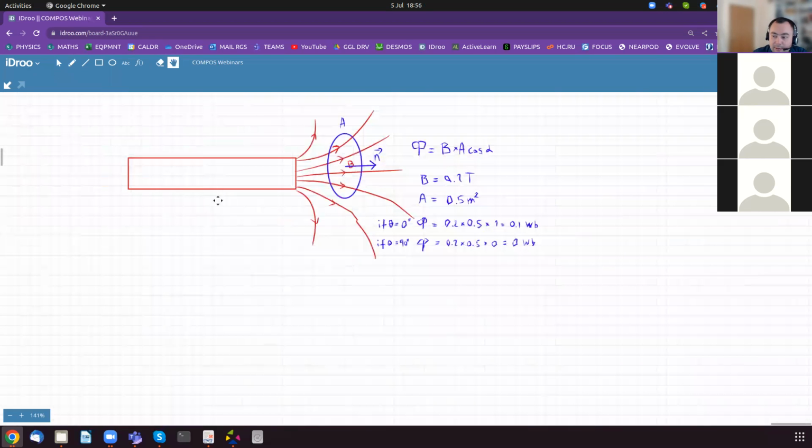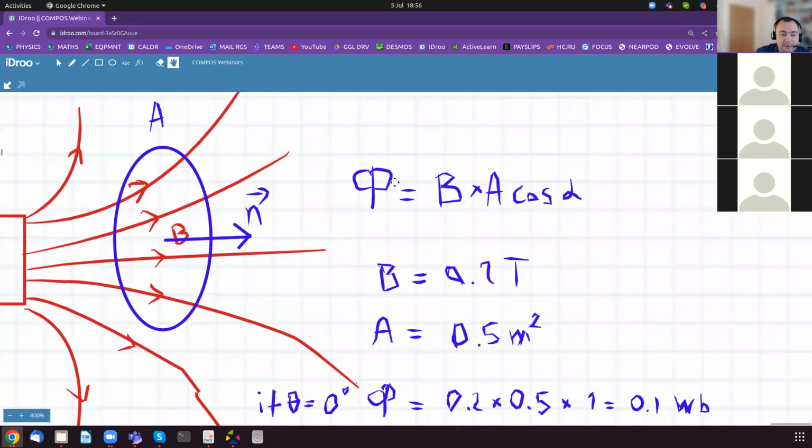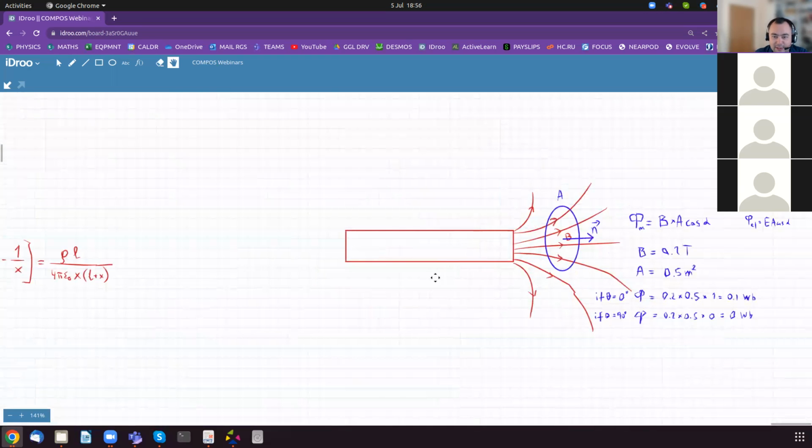So this is the magnetic flux, and the electric flux is just EA cos alpha. It's pretty much the same thing.